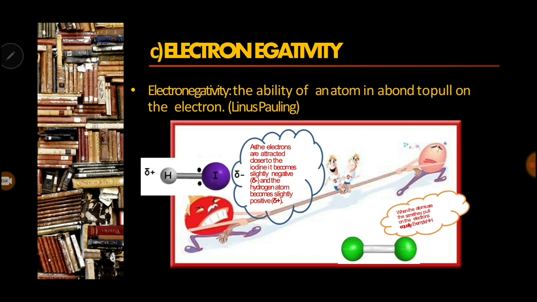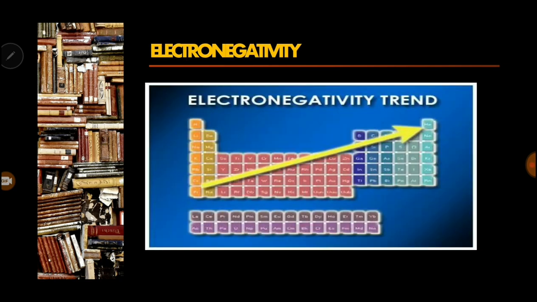But when the atoms have the same electronegativity, they pull the electron equally. So the more negative the ion, the higher the electronegativity. Down the group, it will increase the electronegativity, and across the period.